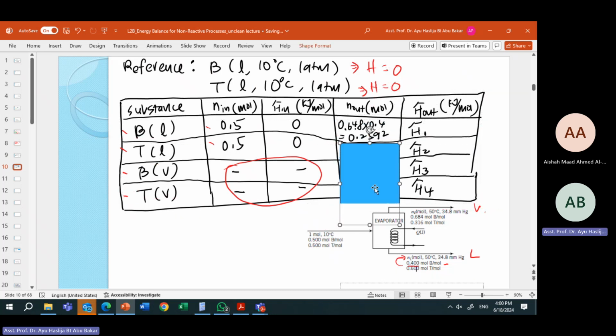Okay, make sure you get this. 0.648 is the N_L that you got just now, multiplied by the mole fraction of benzene in the liquid stream.